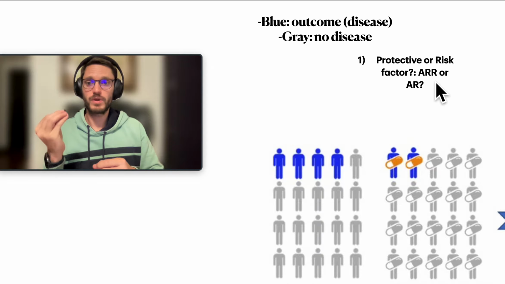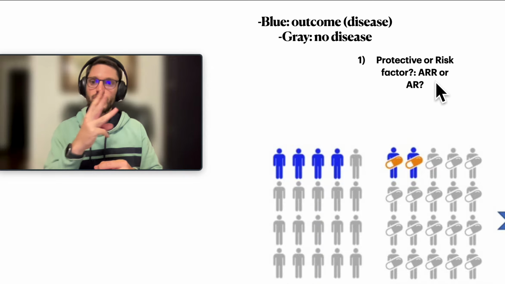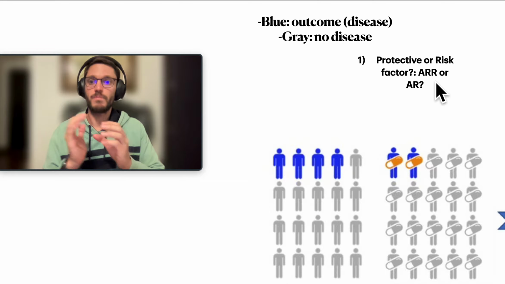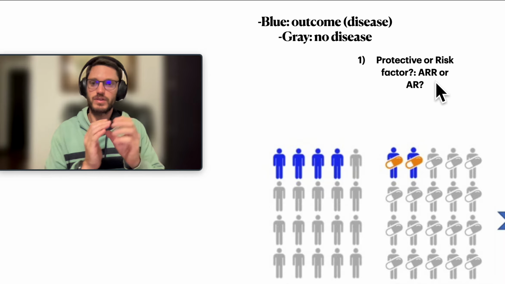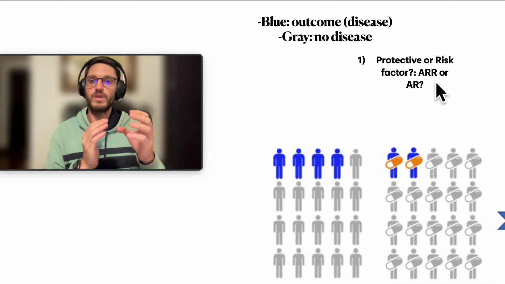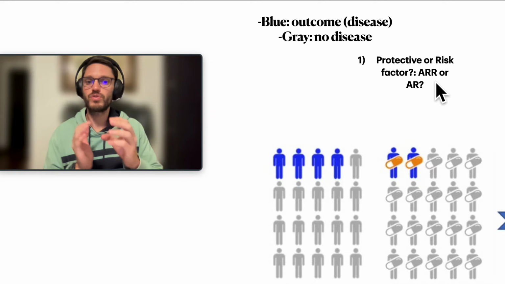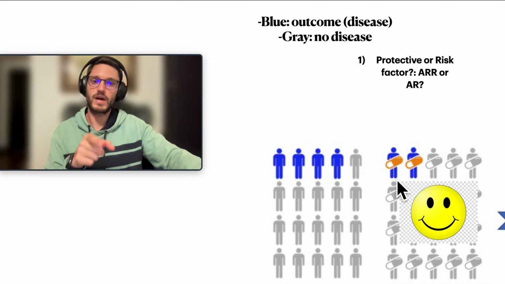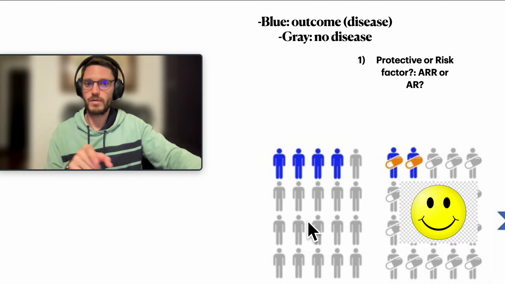In absolute risk reduction, yeah, you have the word risk in that, but it's risk reduction, meaning that you're improving. If you're reducing the risk, you're improving. If you're improving, you'll see this smiley face right here. That's why the treatment group has a smiley face, because they have less of the outcome than those on placebo or the control group.